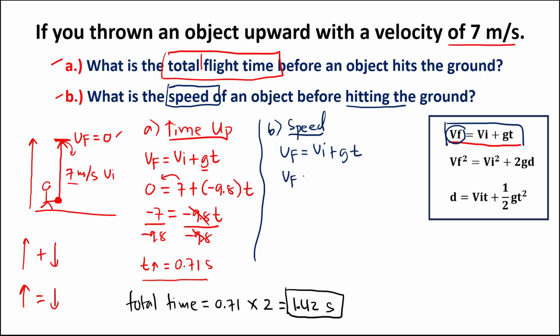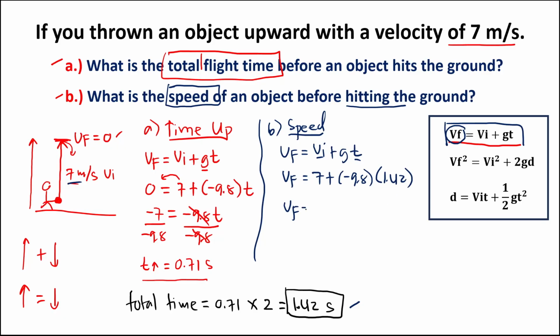So Vf, or the final velocity, equals the given initial velocity, that's 7, plus the gravity, which is negative 9.8, then for the time, we're going to use the total flight time, times 1.42.